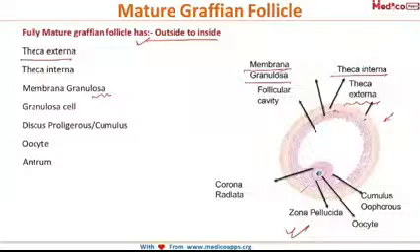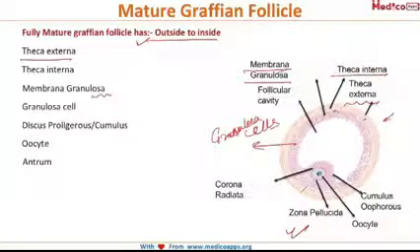Then inside it we have these pink cells. These are the granulosa cells. Now I told you that as the follicle grows, these granulosa cells come and surround the oocyte. You can see here, these granulosa cells have come and surrounded the oocyte to form the cumulus oophorus, which is also called a discus proligerous.